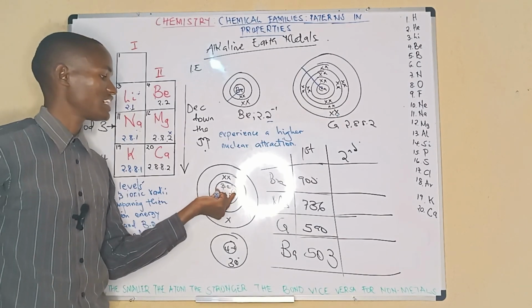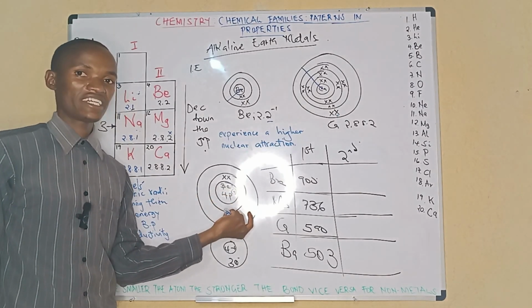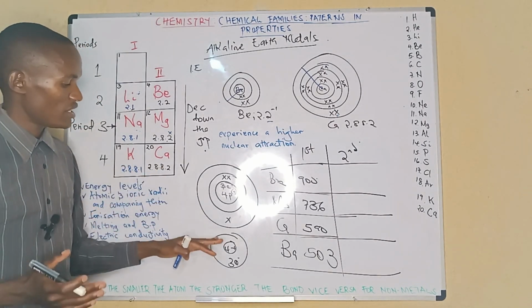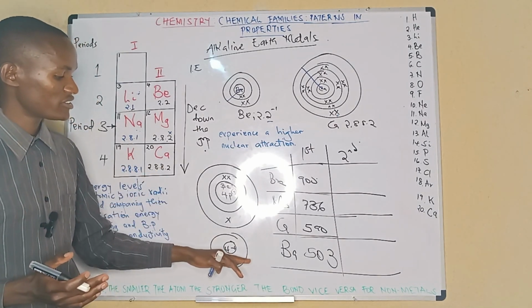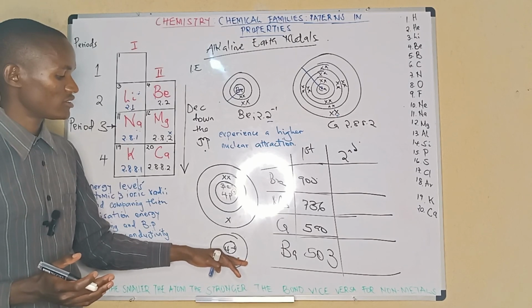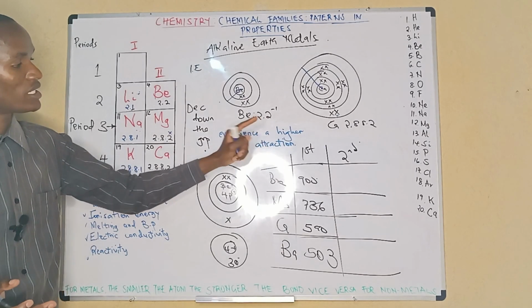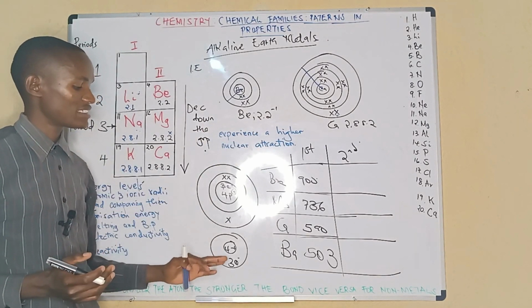Previously, it was 4 positive charges attracting 4 negative charges. They were balancing. So it was neutral. But now, one electron is lost. It was 4 electrons. That is 2, 1. So we have 4 positive charges attracting 3.